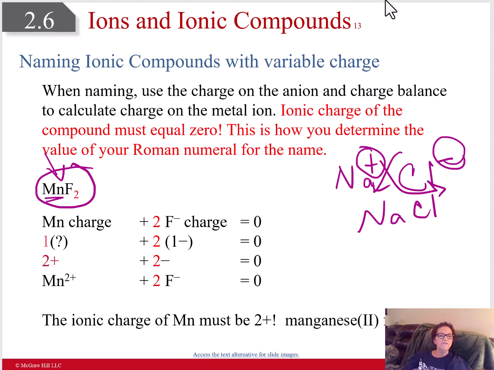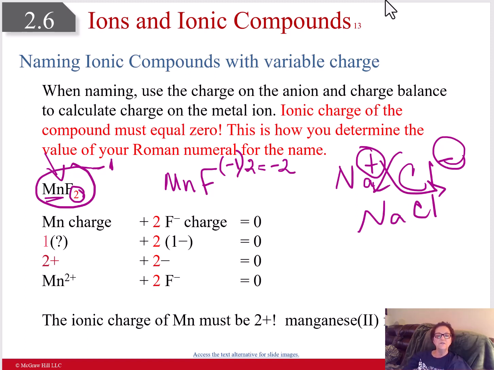Now remember that fluorine is in the same group as chlorine, so it has a -1 charge. In the formula, there are 2 fluorines, so that means I have a -1 charge times 2, which gives me an overall -2 charge.